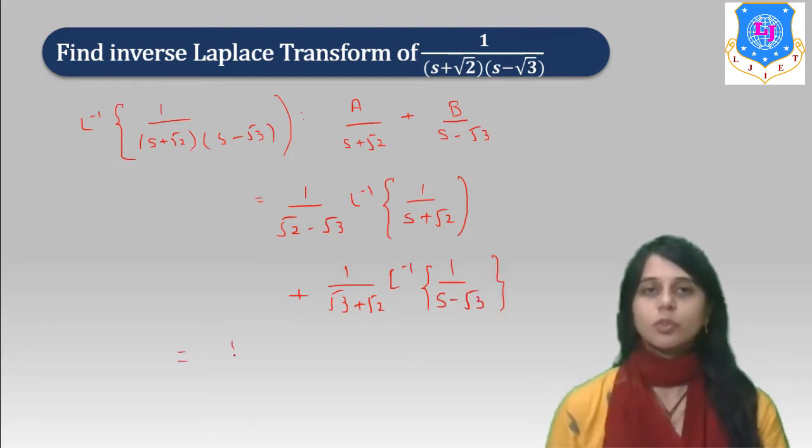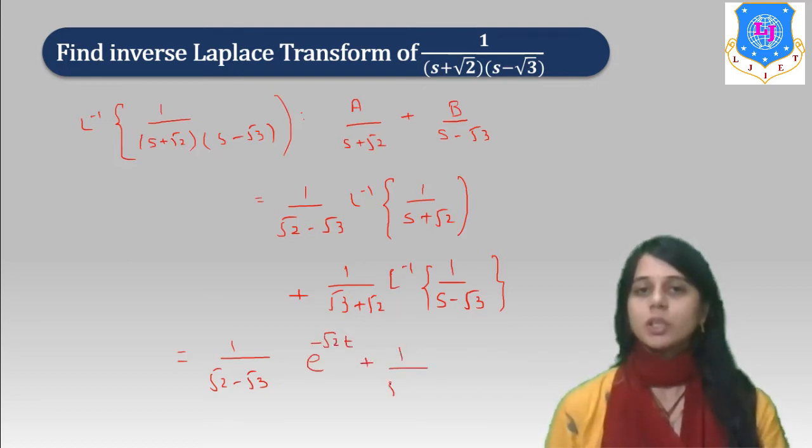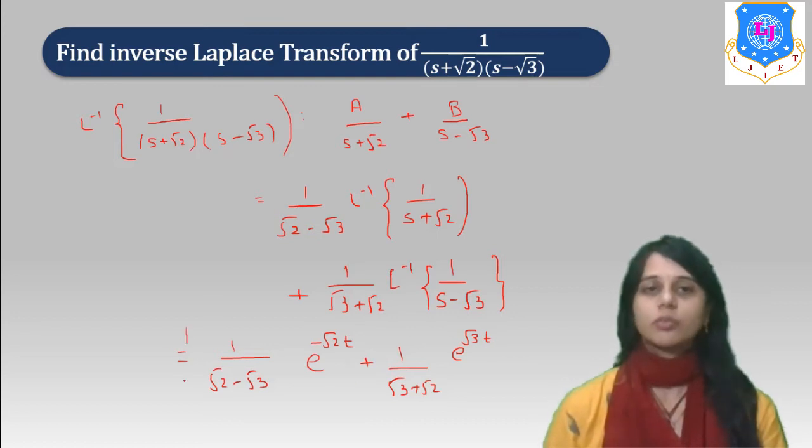So the answer is 1 upon (under root 2 minus under root 3) e raised to minus under root 2 t plus 1 upon (under root 3 plus under root 2) e raised to plus under root 3 t.